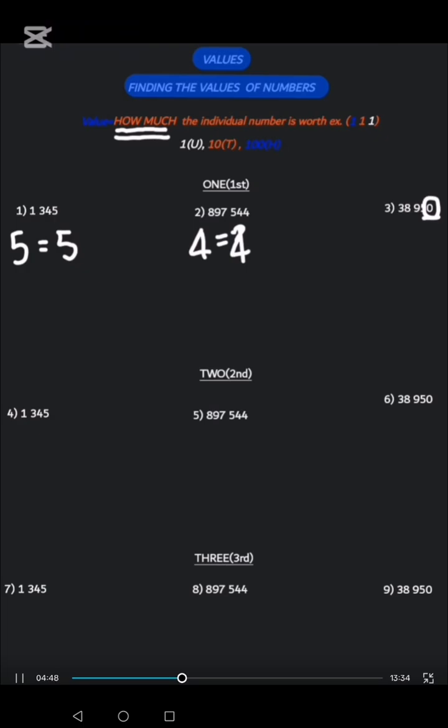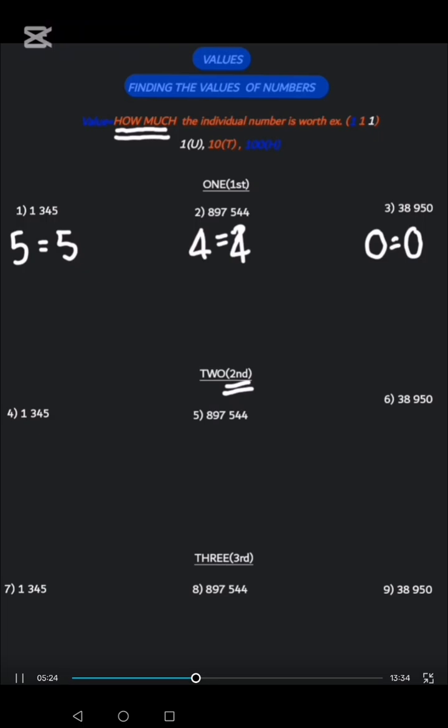So 0 is going to equal 0 because there is no other number after 0. It remains the same because it is the very last number, meaning it is already in the unit position.